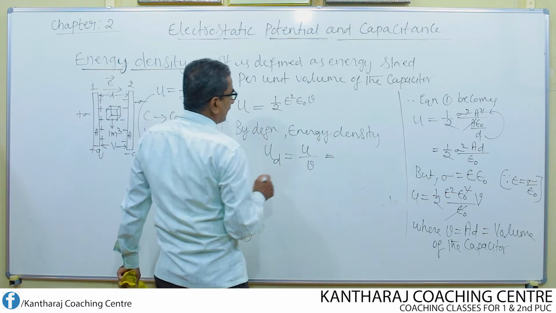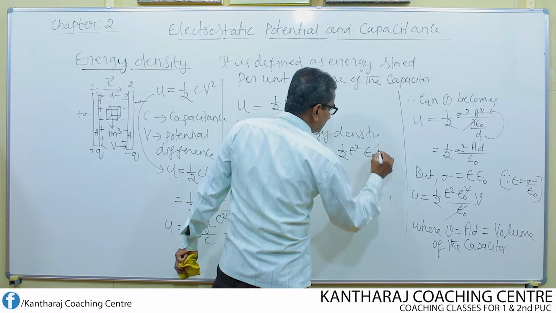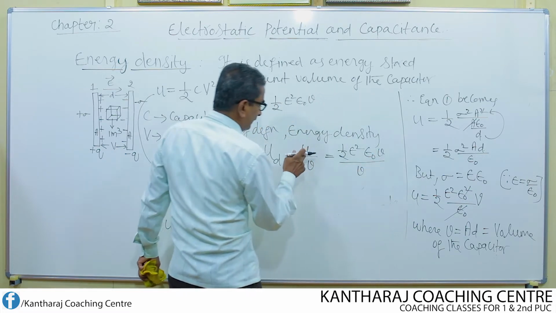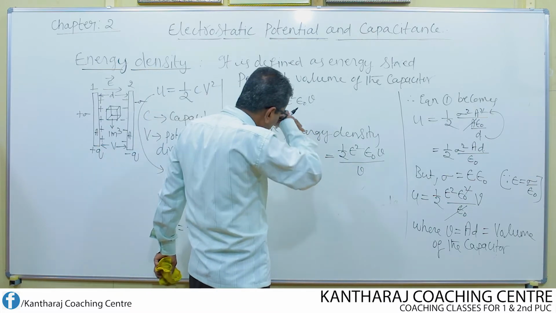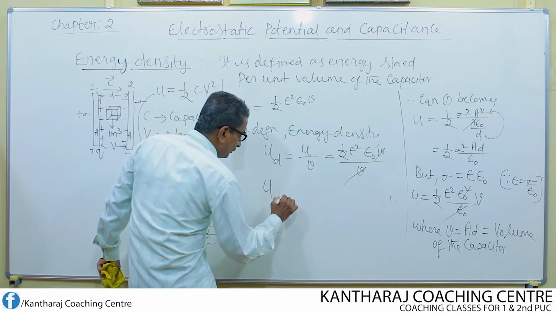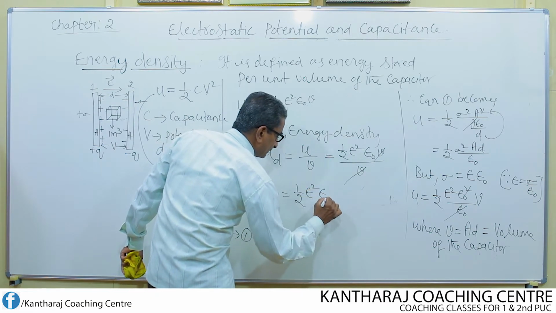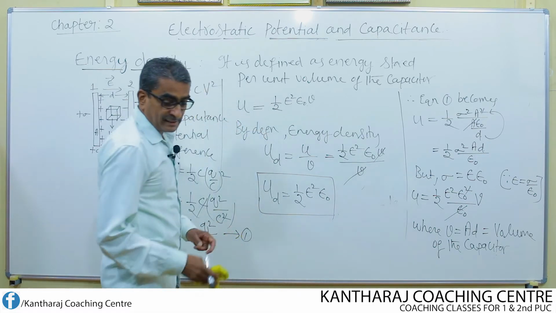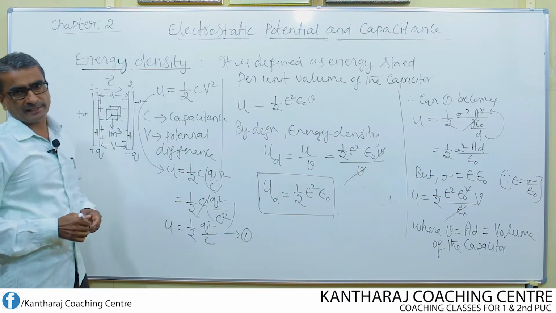Energy is half E square epsilon naught V, divided by V. V and V get cancelled, then U_D equals half E square epsilon naught. So, this is the expression for the energy density of a parallel plate capacitor.